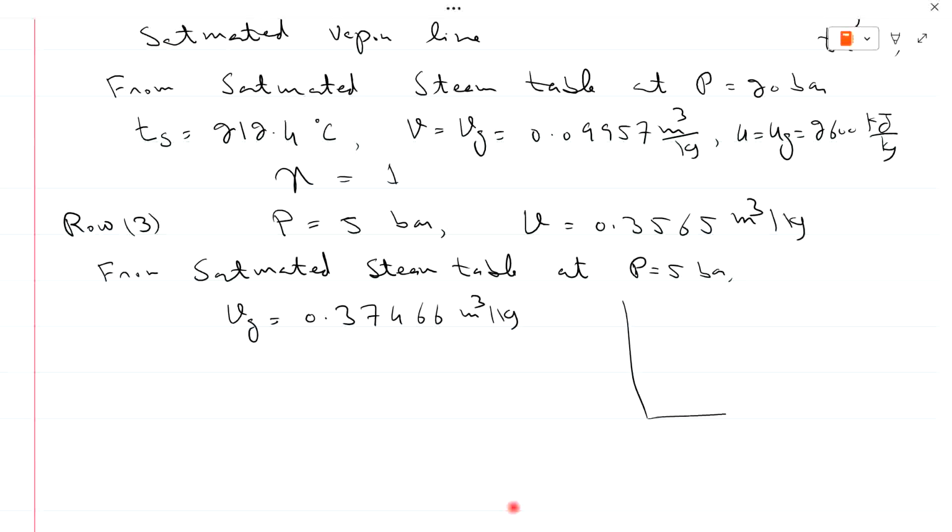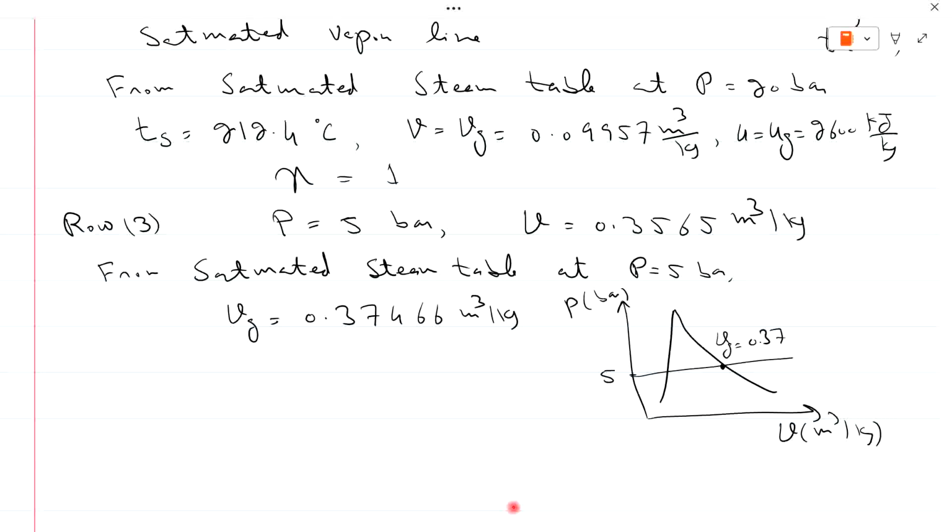So we show it on the PV diagram. Pressure in bar, specific volume in meter cube per kg. This is the saturation curve. Let's suppose this is pressure 5 bar. Now Vg is this, 0.37466 meter cube per kg, and the V which is given, 0.3565, is less than this value.